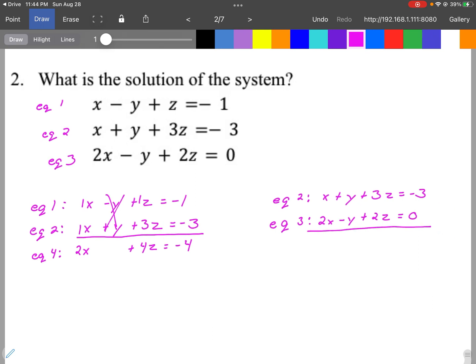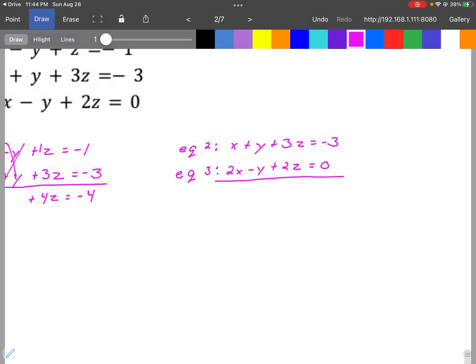And then I'm going to combine those together as well. Okay, so if I have 1x and 2x, that gives me 3x. Then my positive y and my negative y cancel out, they're gone. Then I have 3z plus 2z is plus 5z. And then I have negative 3 plus 0 is negative 3.